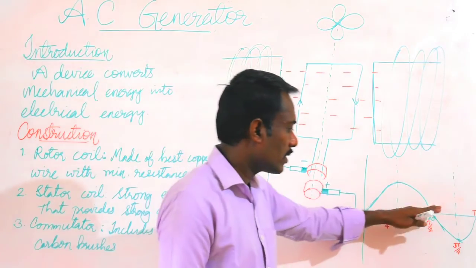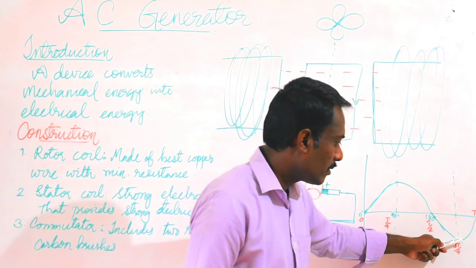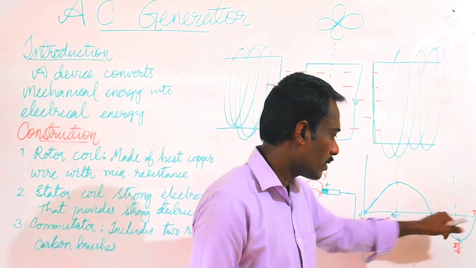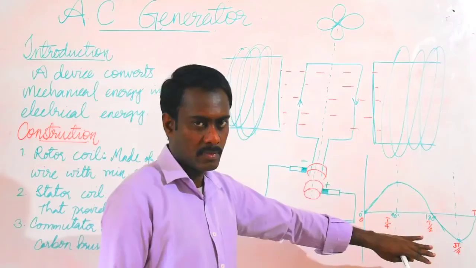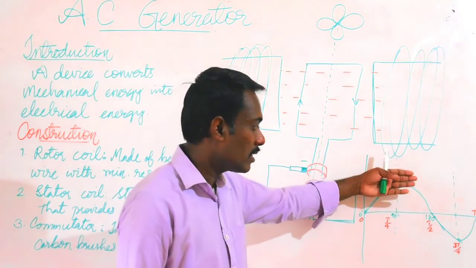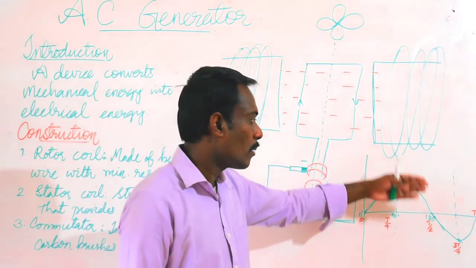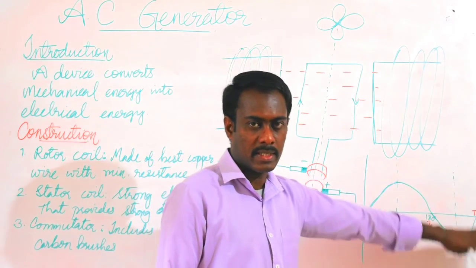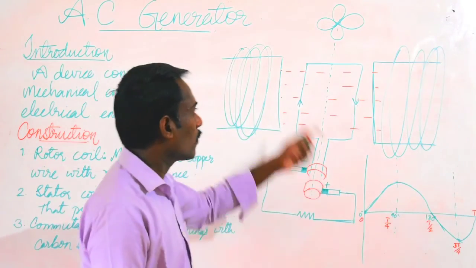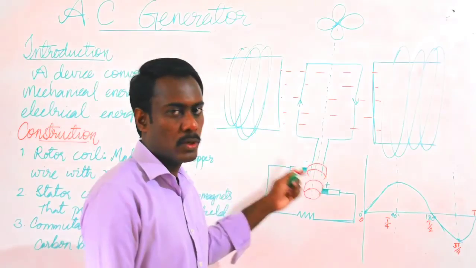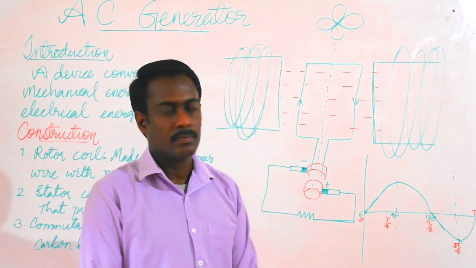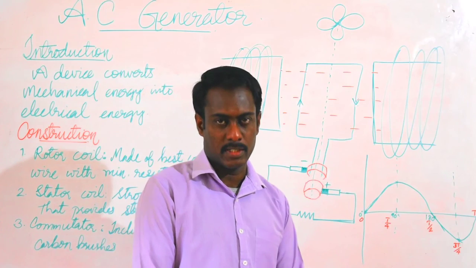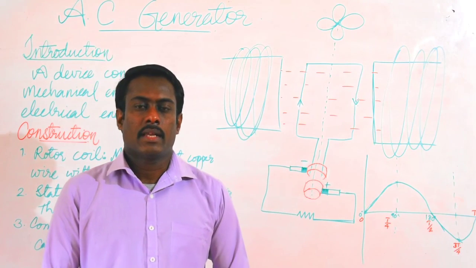Now it is in the negative cycle, and again it goes from maximum to 0. Every 180 degrees the phase changes. Cycle means the phase of the current changes, positive and negative, alternately. Therefore, the electric current produced by an AC generator or dynamo is called alternating current. This is all about an AC generator or dynamo.